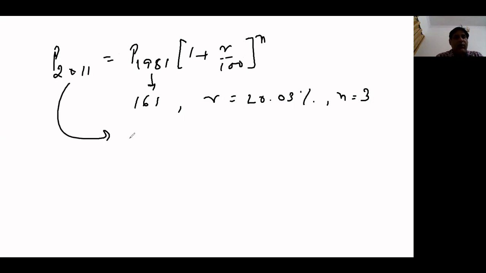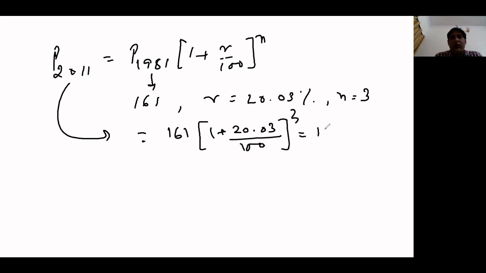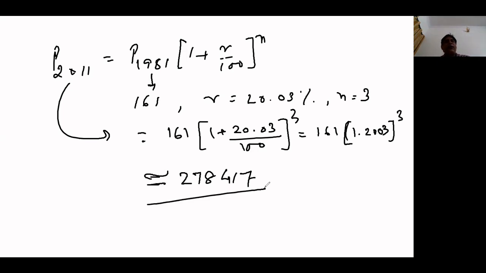So our population comes out to 161 (1 plus 20.03 upon 100) to the power 3, which is 161 into 1.2003 to the power 3, and it comes out to somewhere around 278,417, approximately, right? So this is the way of calculating the population by the geometric increase method.